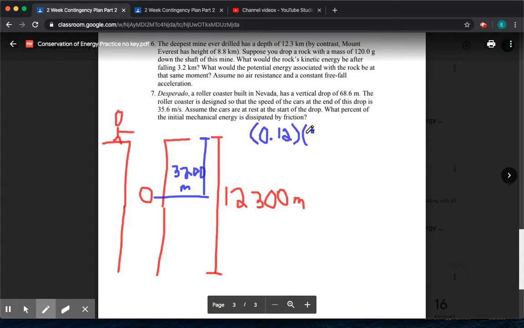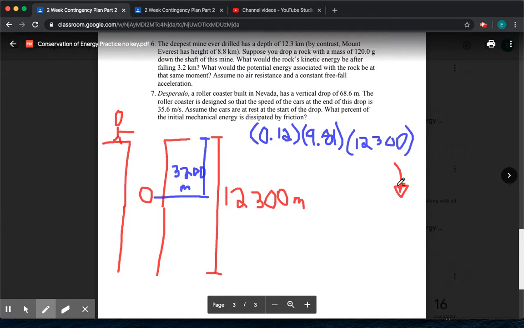Gravity is, again, 9.81. And then the height is 12,300. If you put that into your calculator, you're going to get a number.